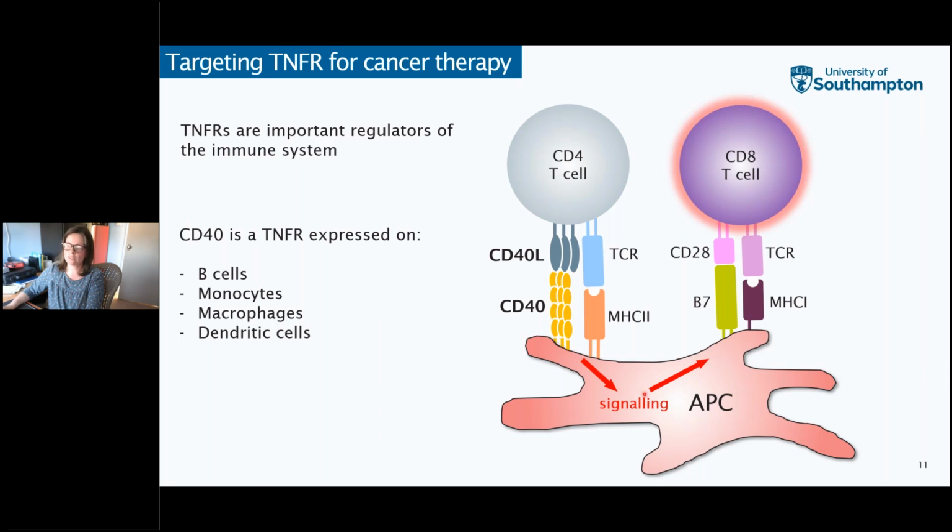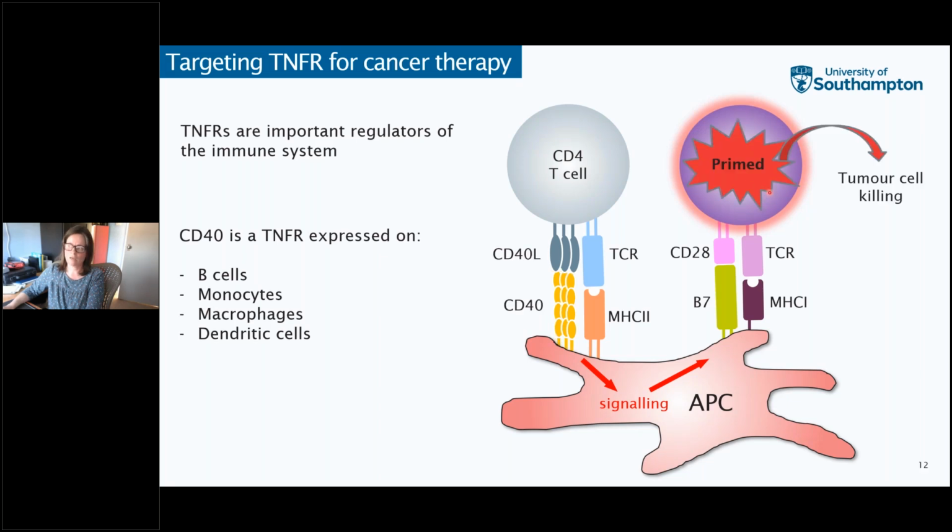This produces a signaling cascade from the receptor, which ultimately licenses the APC to prime a CD8 T cell response. The primed CD8 T cells undergo massive expansion and differentiation into cytotoxic effector cells, which then work to clear the body of the offending infection.